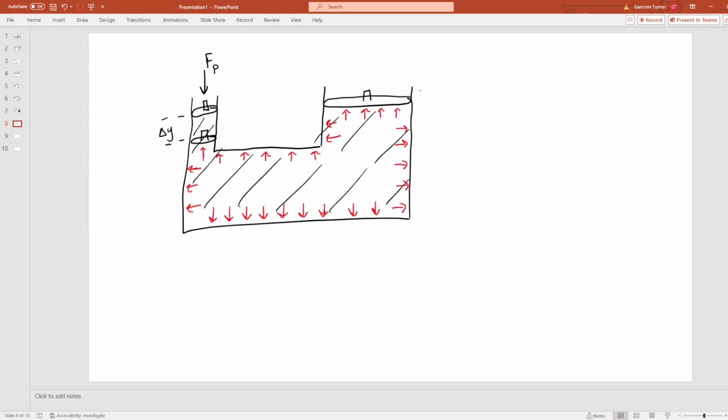It'll be easier to lengthen some of these that are shorter than to erase the whole thing and start over. So imagine that everywhere has the exact same delta P.